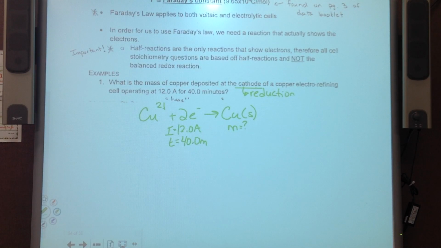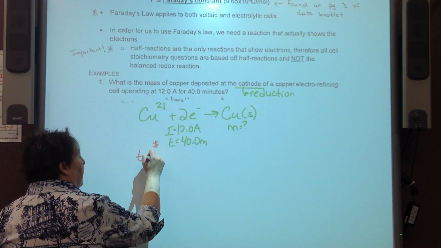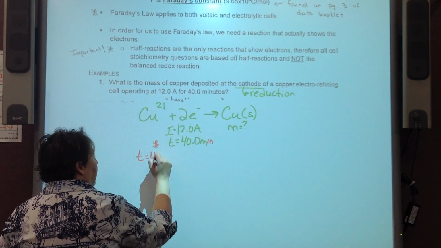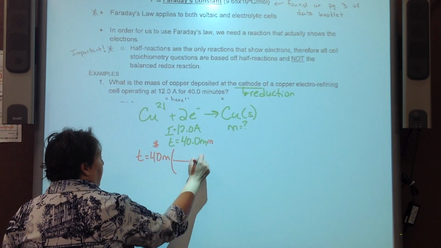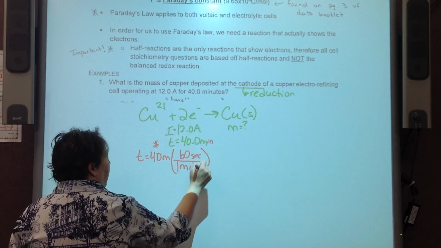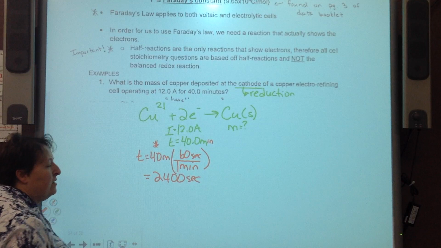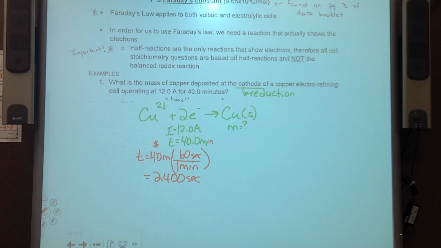We put the information we have underneath whatever it is in our reaction. Okay? What's something that we need to do before we do anything else? Convert to time. Okay, 2400 seconds.